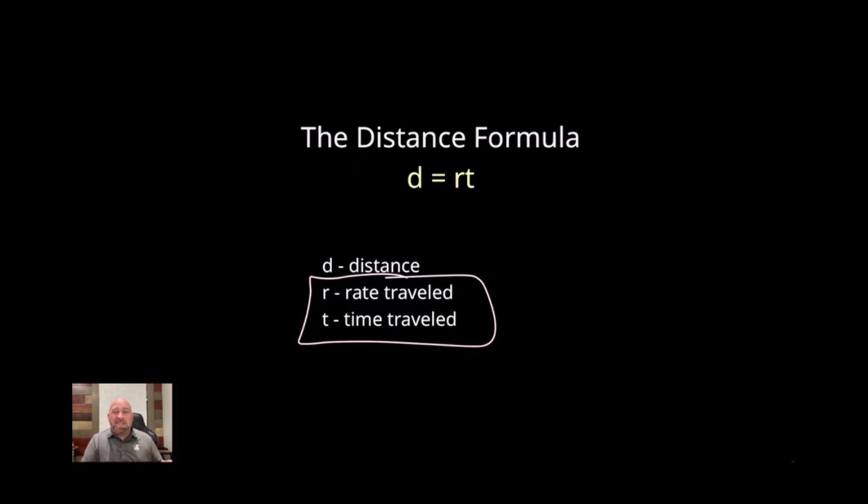They have to be in the same time frame. So you can't have, like, your rate be 20 meters per second and your time in 3 hours. You would have to convert the hours to seconds in that case. So that your standard of measurement there has to be the same, just like in the interest formula.